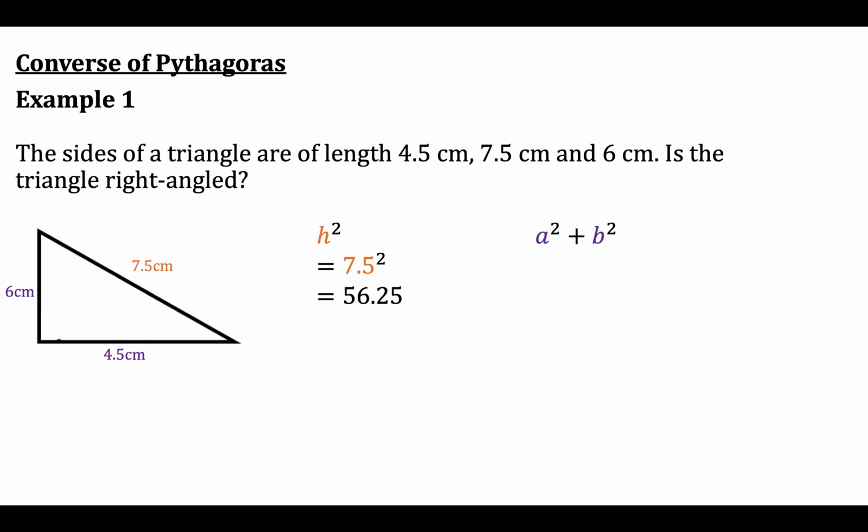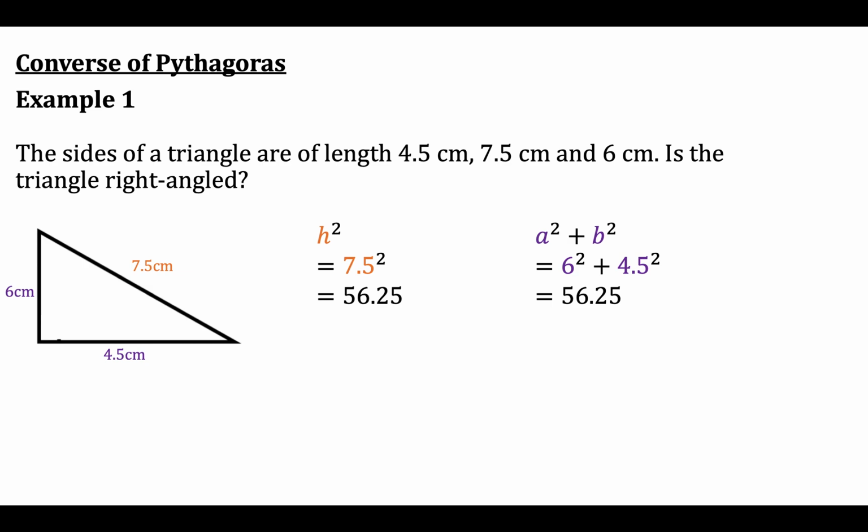So if we square both of these and then add them together, because that's what the formula for Pythagoras would normally say for the two shorter sides. So we've got 6 squared plus 4.5 squared, and that gives us 56.25. Now hopefully you're thinking to yourself at the moment, well, those are the same. And that's good in this instance, because what it tells us is that if those are equal, then this triangle must be right angled.